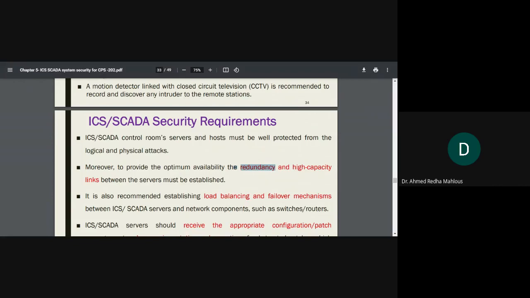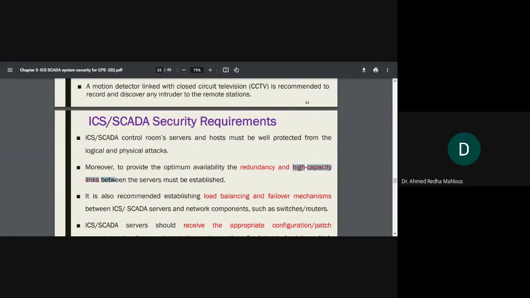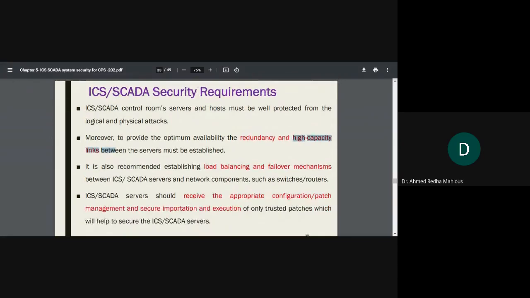There will be some exchange between servers inside that control room, so we should have a high capacity link that will resist any bandwidth DoS attack, for instance.